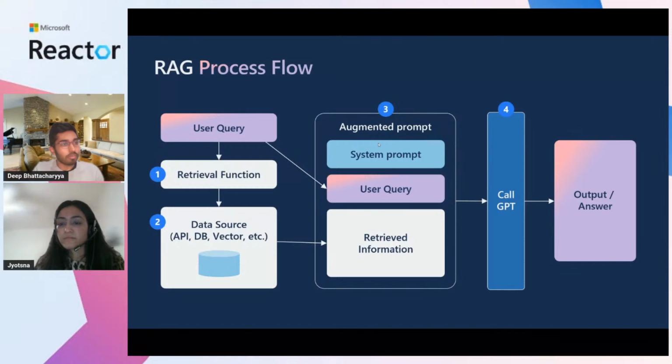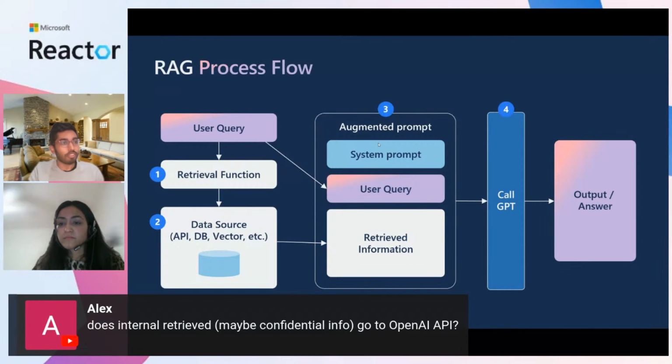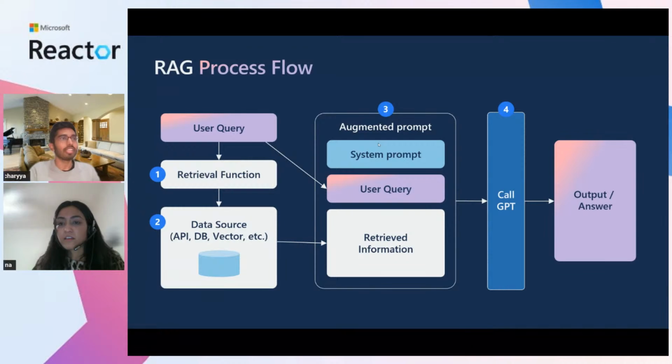Does internal retrieved, maybe confidential info go to the OpenAI API? So yes, it does. After you've retrieved this information, you will need to call GPT so it can take that input and then create an answer or an output for you. There's a couple of caveats with that though.